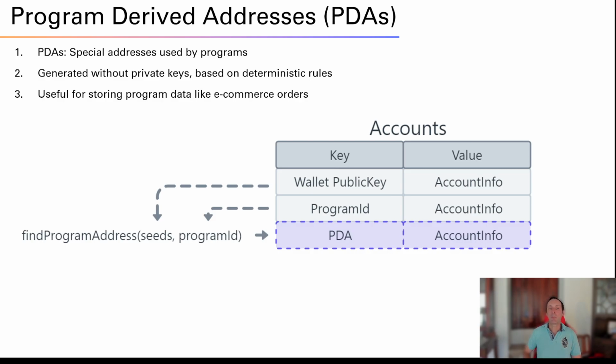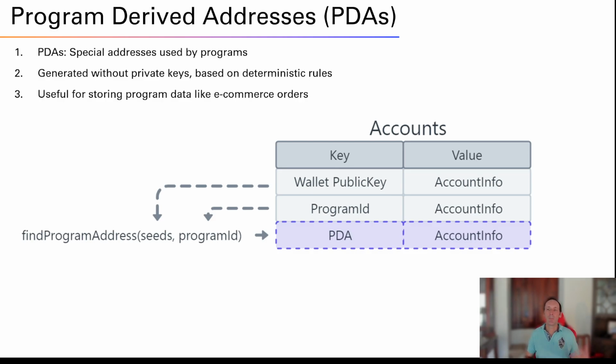Talking a little bit about program derived addresses, as I was just giving in the example, I should have actually put this slide before the other one, but anyway. In Solana, PDAs are unique account addresses that are derived using a set of deterministic rules. PDAs are effectively addresses that programs use to store data.